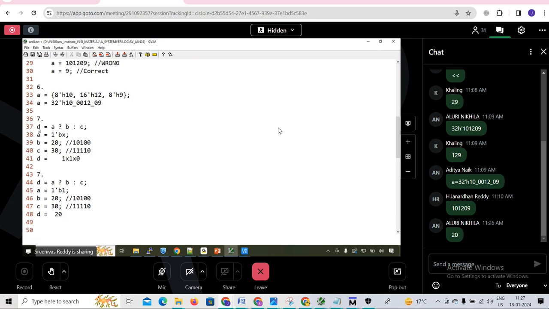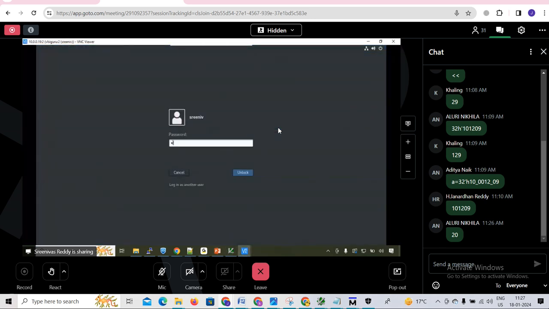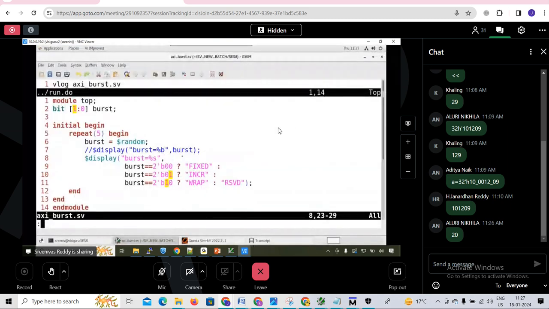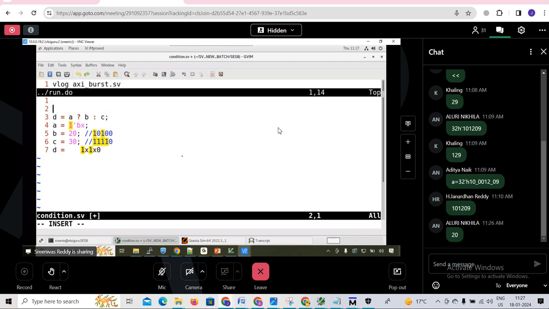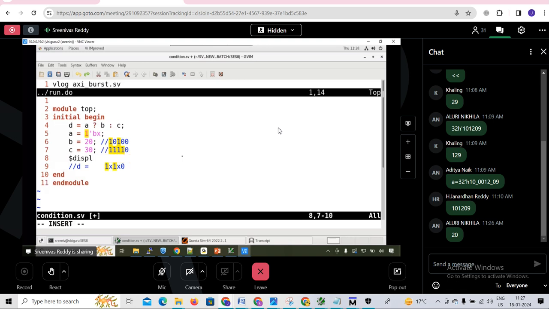So we can run the same example. Simple. Take this. Dollar display D. First, you should write the expression.